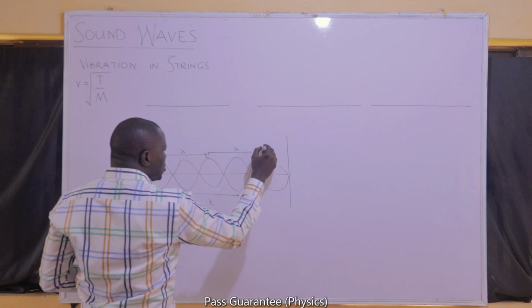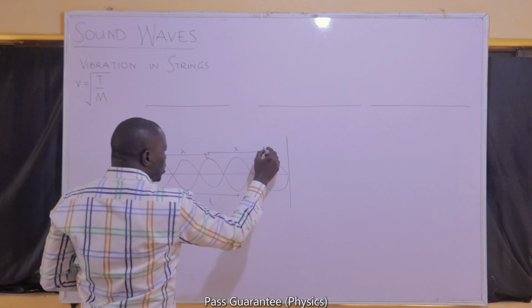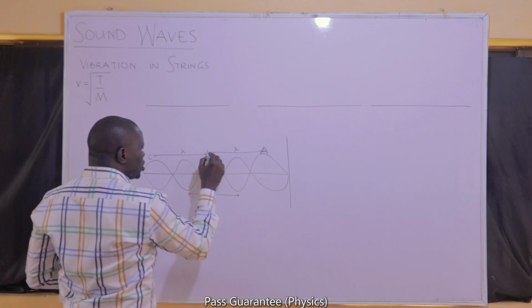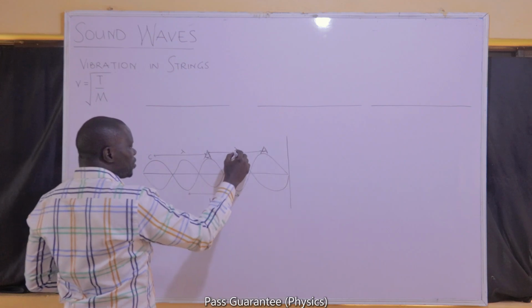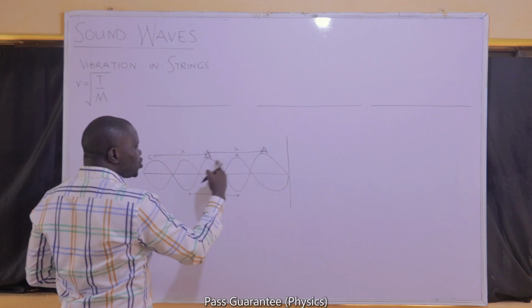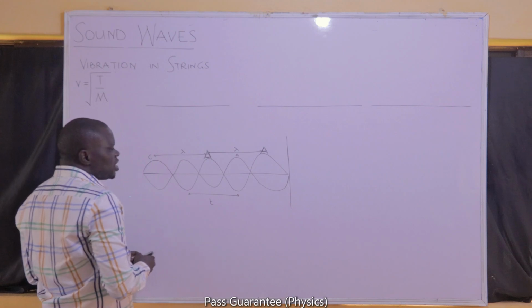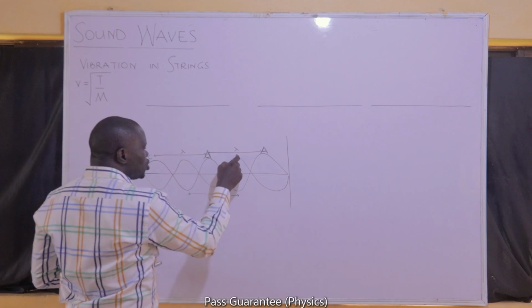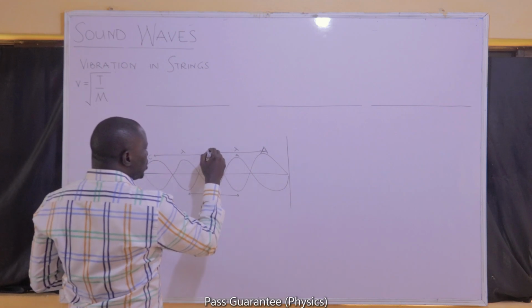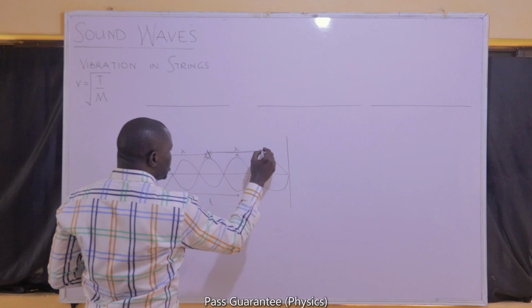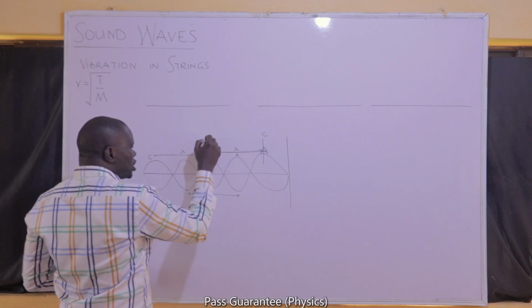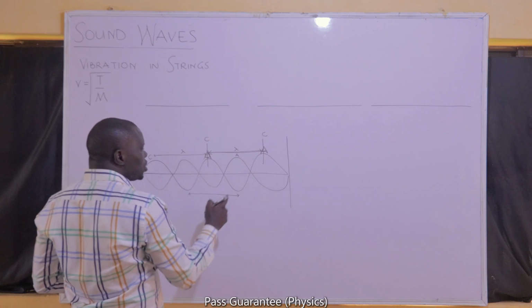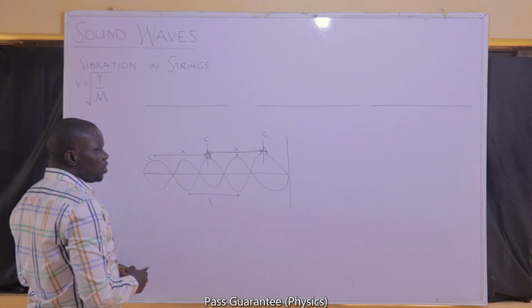This crest becomes an antinode, and this crest also becomes an antinode. And because I am now mixing it with another wave, an antinode has been formed between the two. The definition of wavelength is still the same, because this was where we had the crest before, and now it has changed to an antinode, now that we have changed the wave to a stationary wave.